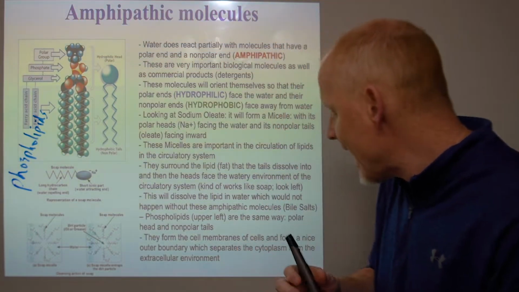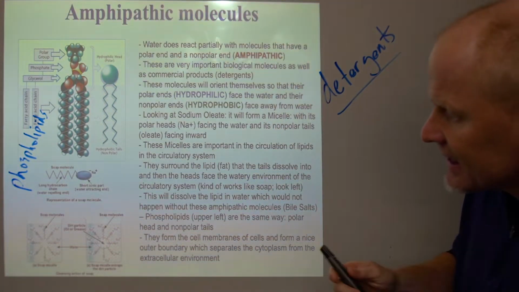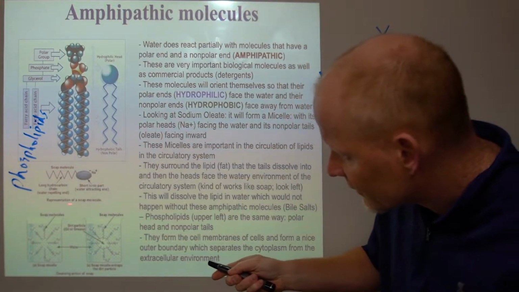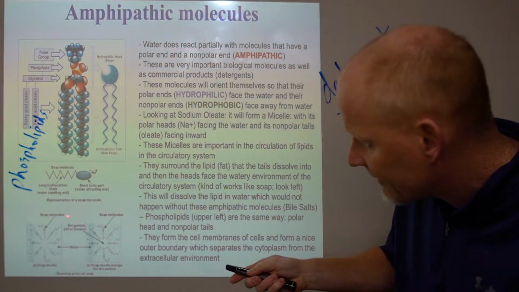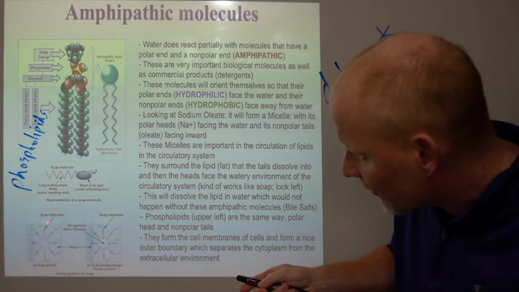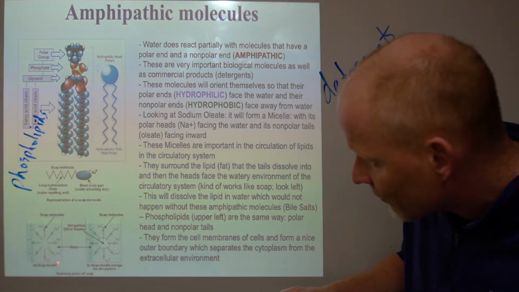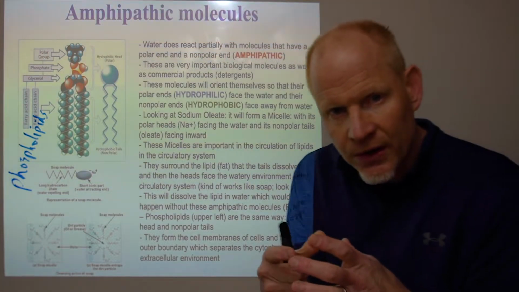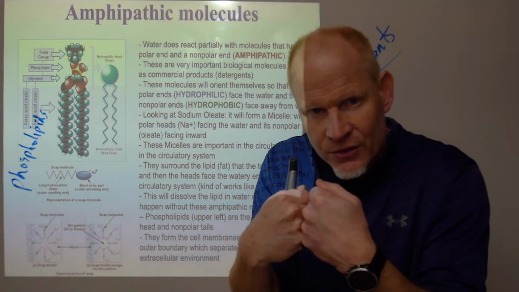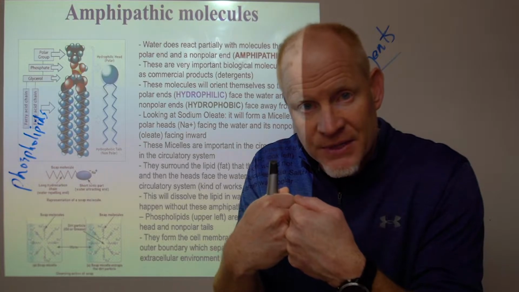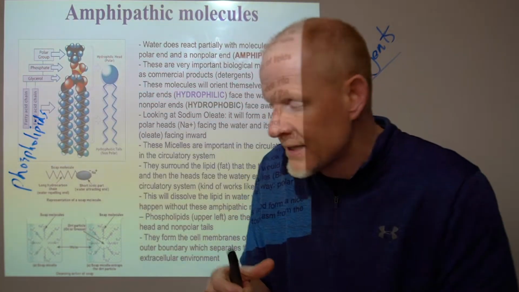And so you can imagine in solution that these guys are going to organize themselves. If you look down here, these soap molecules are these amphipathic molecules. They're going to arrange themselves with their heads out so that they can dissolve in water, and their tails inward because they hate water, and they'll exclude water and just dissolve into almost like an oil droplet on the inside.